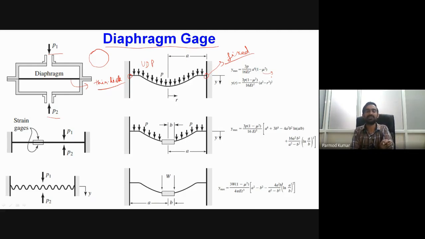So Poisson's ratio is nothing but minus of lateral strain divided by the longitudinal strain. Okay, and if you have to determine the deformation at any particular radial location R, so that can be obtained using this particular formulation.